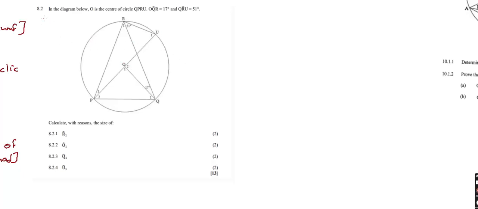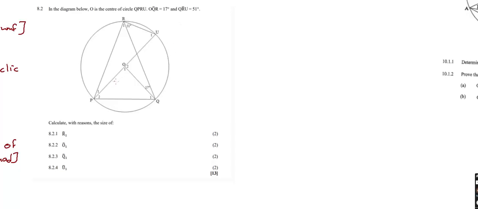Here they say in the diagram below, O is the center of the circle, QPRU. OQR is equal to 17 degrees and QRU is 51.